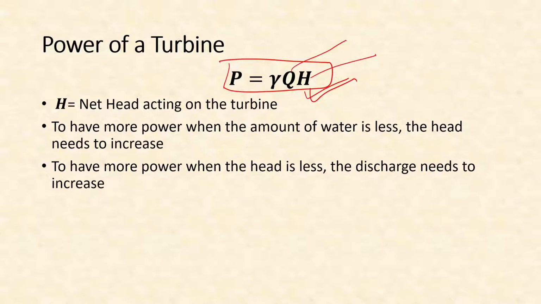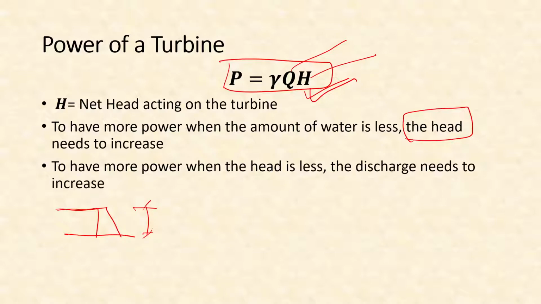And therefore, in some cases, when we have less amount of water, suppose it's a small dam and the amount of water stored in the reservoir is less, the head needs to increase if we want to have more power. In that case, suppose we have a dam like this, and if we put the turbine somewhere around here, then we'll only have this much head.